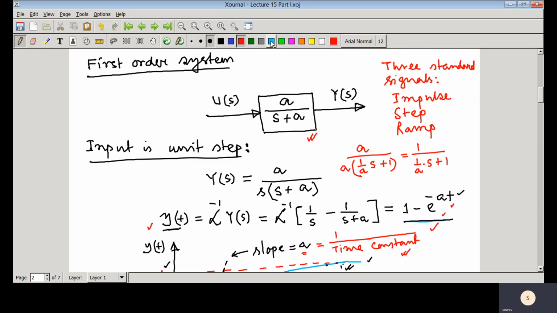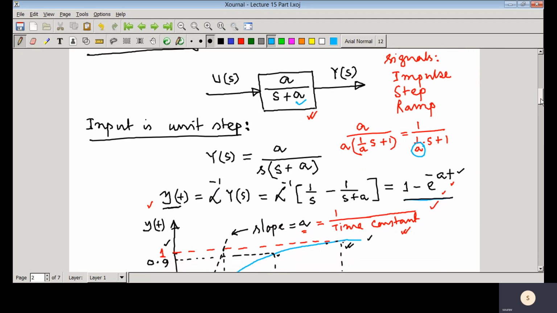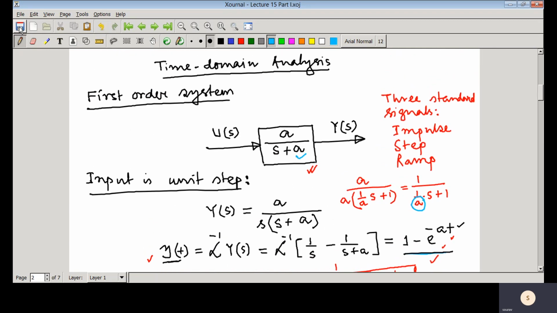So this particular a is actually the pole of that first order system. So the pole of that system is related to the time constant, because the reciprocal of that pole location is the time constant, and the time response of a first order system is characterized in terms of the time constant.